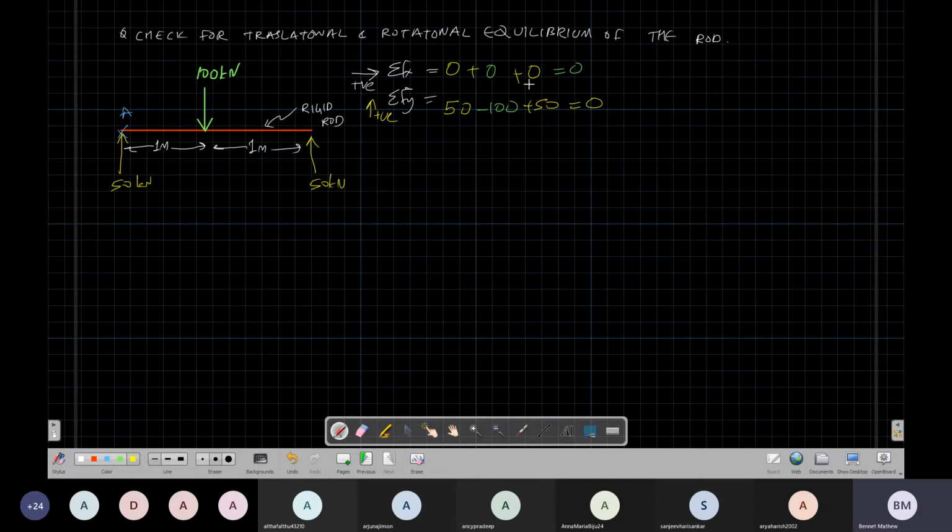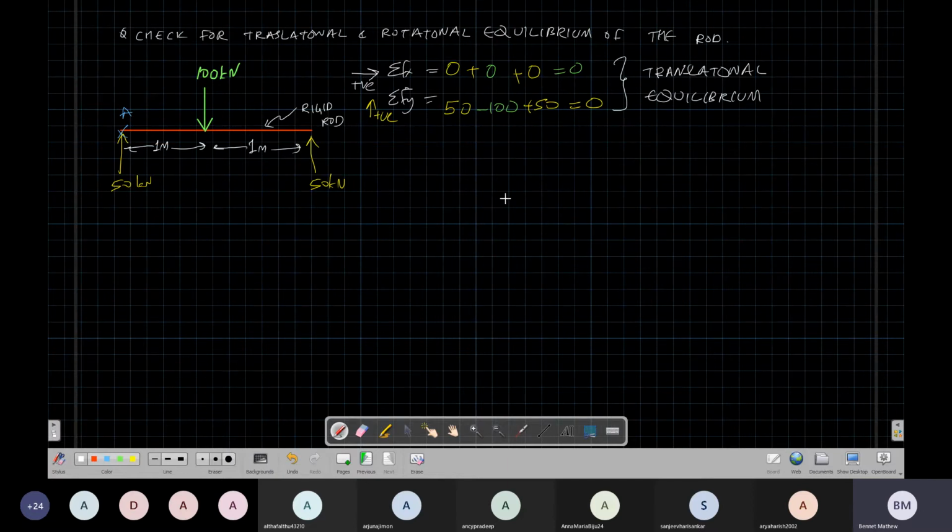So this means it is in translational equilibrium. Right? Now, I hope this is clear.